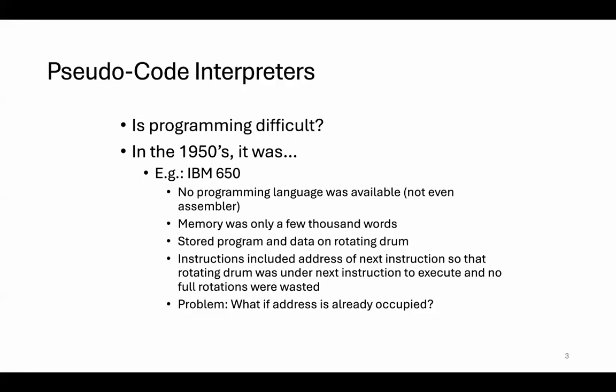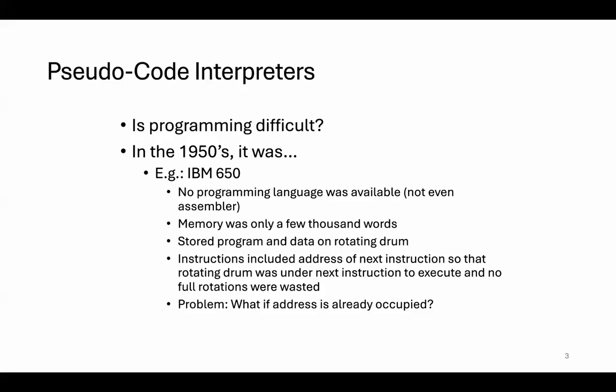So when they developed a language or wrote a program at that time, they really had to think a lot about what is existing inside the memory, and about the hardware itself, how things are actually working in the hardware. In that case, you can see that it has a rotating drum, and they had to think about how fast the rotating drum goes and where the location of the next instruction would be, so that they can tell the current instruction where to go next.